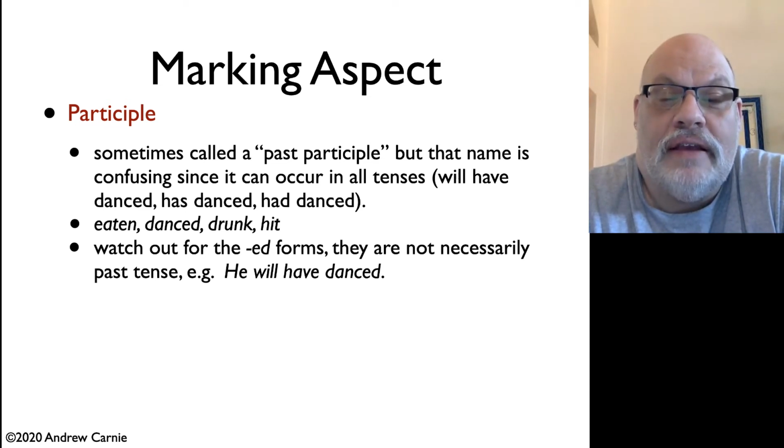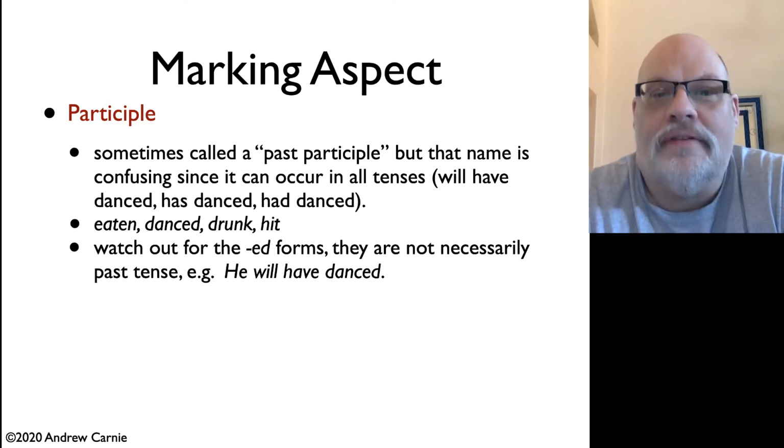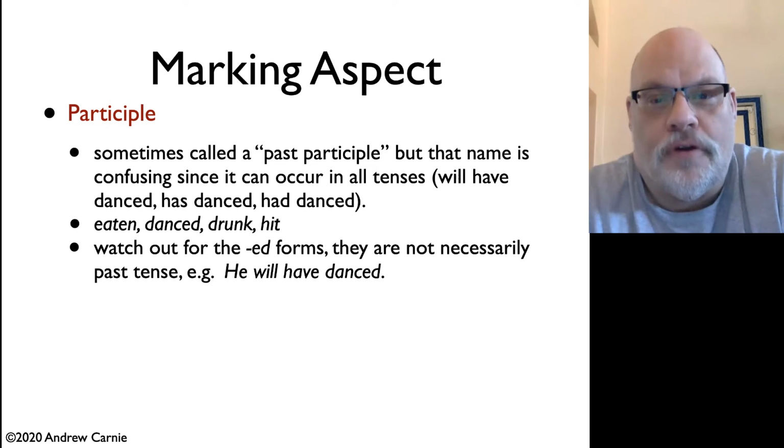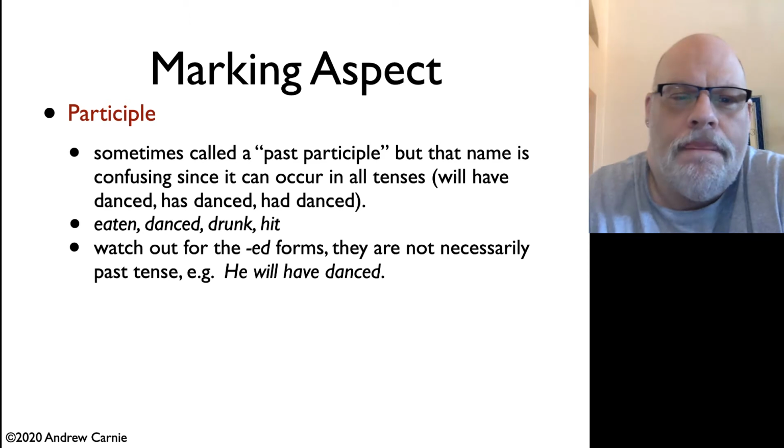So in a sentence like he will have danced, this is very tricky because you've got that ed suffix there, but it doesn't mean past tense, right? He will have danced is about an action that happens in the future. So you can have participles with this ed marking that are not past tense. So just be a little careful about that. English morphology is a little tricky.